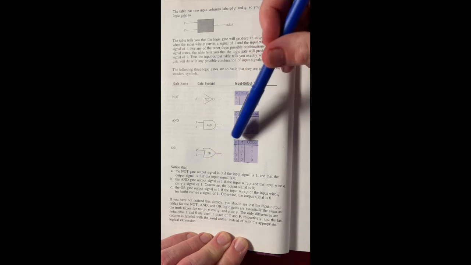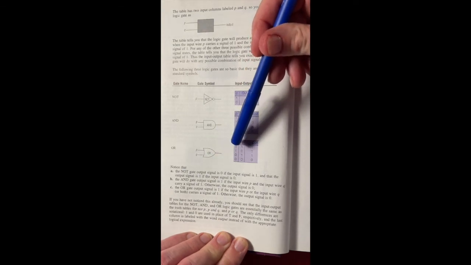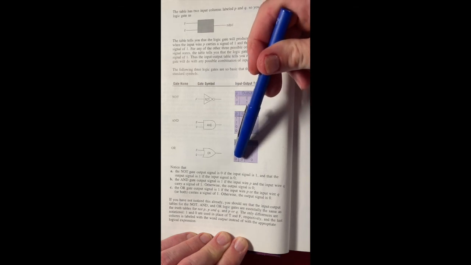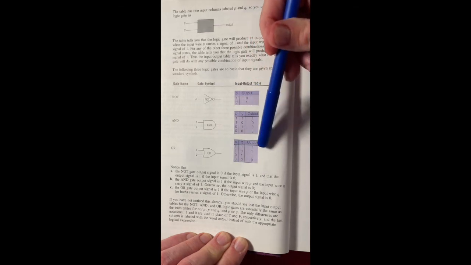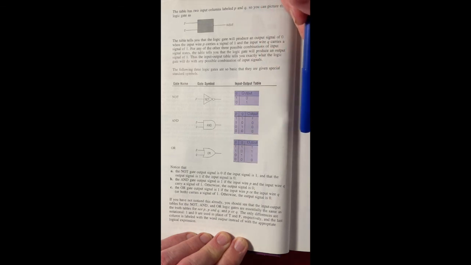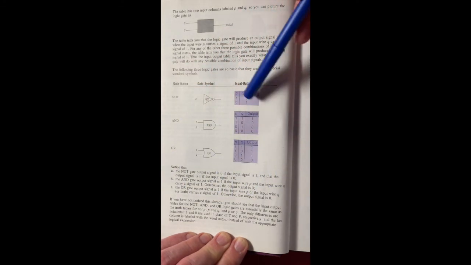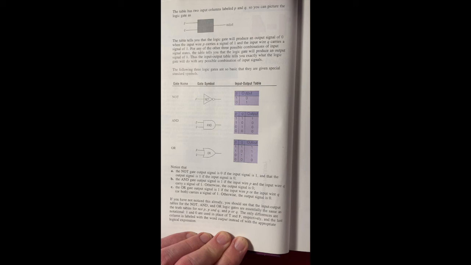And for OR, only one of them has to have a 1 in it. The first one does, the second one does, the third one does, and the last one doesn't. And so on, on, on, off. Or true, true, true, false. Okay, so this is what the gates look like and what they do.